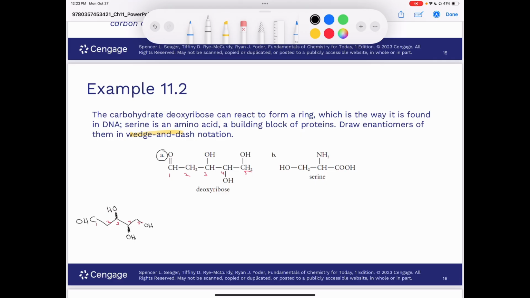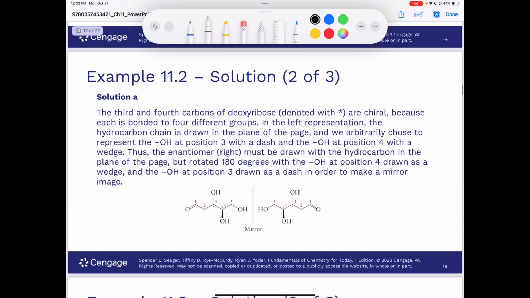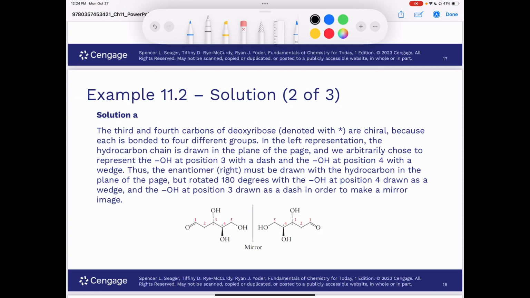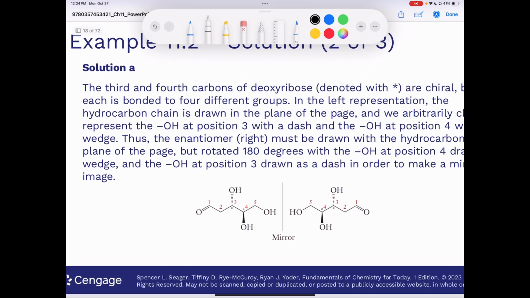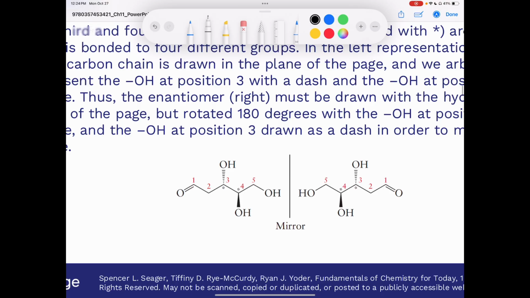So now if we want to draw the enantiomer, we can draw the mirror image. Now, if you look at the way they solve this in the textbook, it's a little bit different. The way that they did it, and this is the solution that you have in the slides, normally I don't refer to these, but it says here in their answer that they just arbitrarily chose this as a wedge and this is a dash. I chose to draw two wedges, which is neither here nor there.